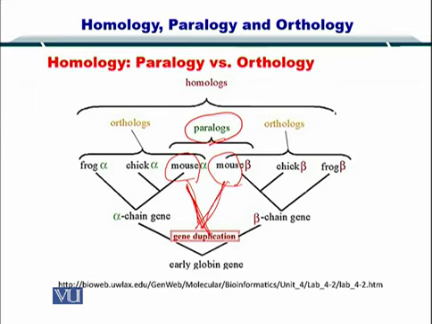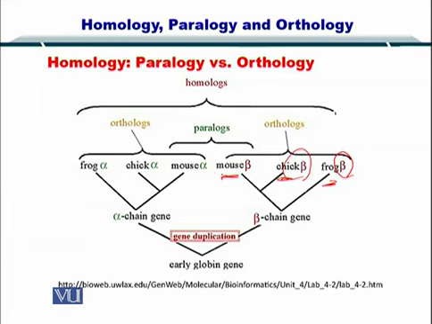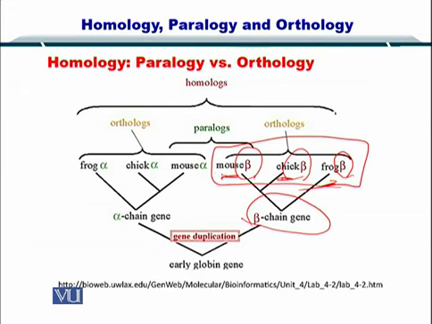Now, if you look on the other side, you would have three different species, that is mouse, chick, and frog, all containing beta chain genes. So during the duplication event, the gene has now been adopted by three different species.